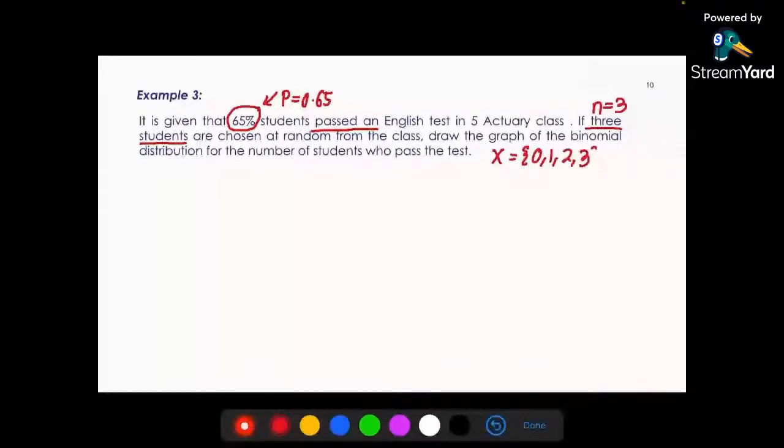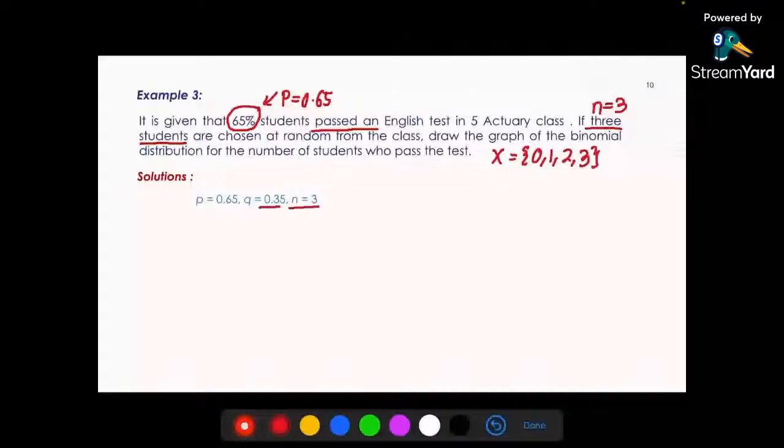So we have to find the value of probability for each value here. So kita kena cari macam ni lah, solutions. So all here, kita akan tuliskan P 0.65, Q adalah kita tolak 1 tolak 0.65, you get 0.35, N is equals to 3. So now we go to this solution.